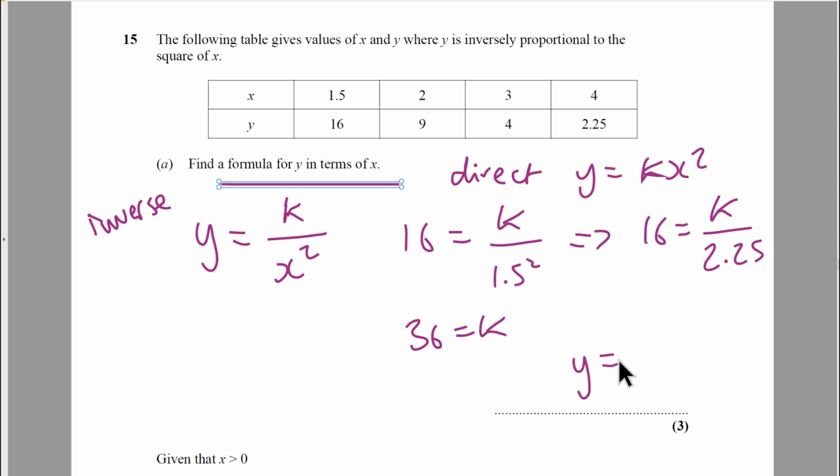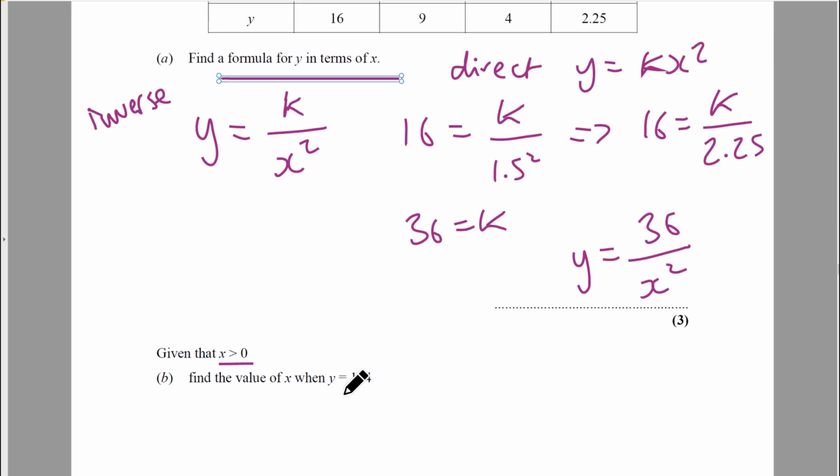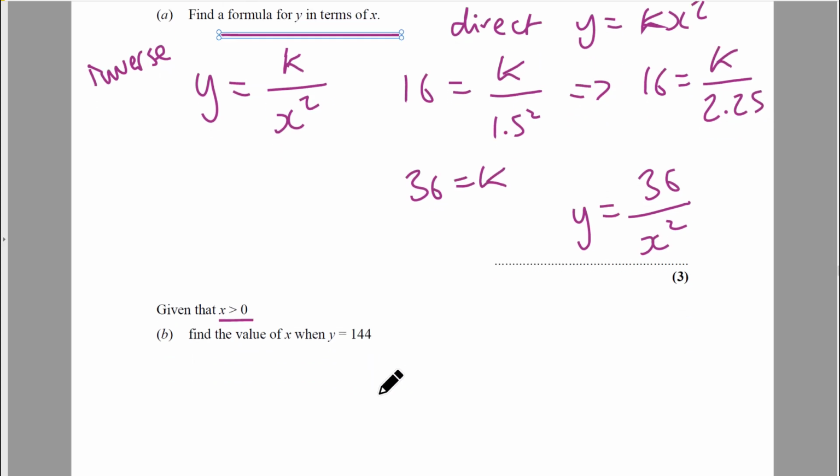And this is quite straightforward, isn't it? Y equals 36 over x squared. Perfect, easy 3 marks. Given that x is greater than 0, find the value of x when y equals 144.